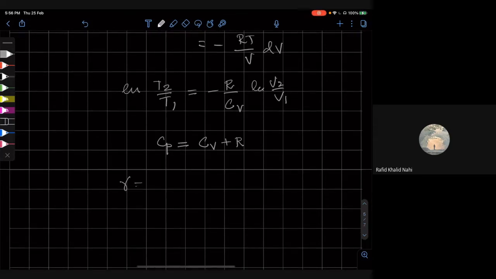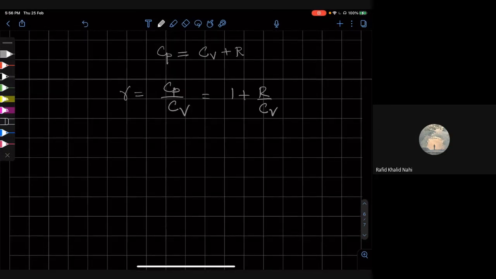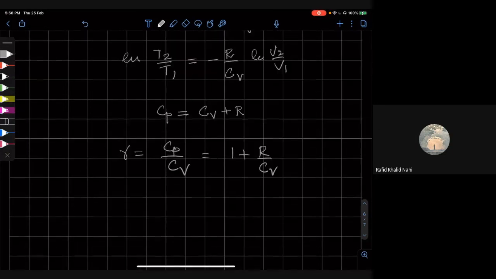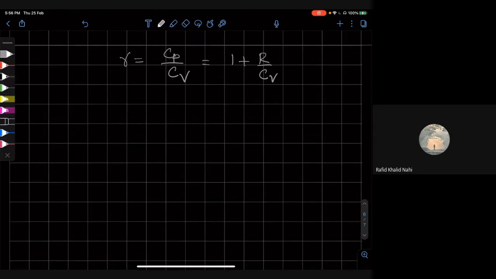And if you call gamma the ratio of CP and CV, which is 1 plus R divided by CV, then from this equation, if you eliminate R over CV, then you get log of T2 by T1 equals 1 minus gamma log of V2 by V1.